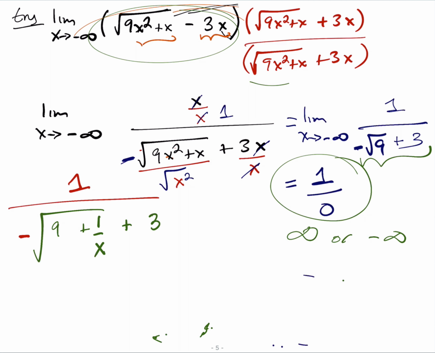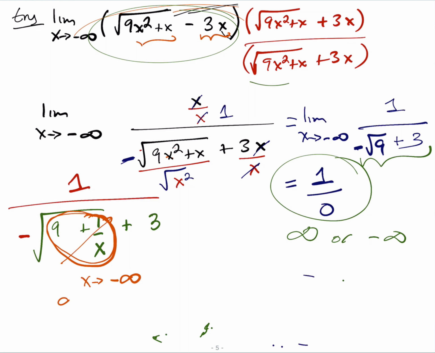Well, okay, so then you go, okay, so x is going to minus infinity, right? Okay, so that means that this right here, 1 over x, is approaching 0, yes? Okay, that means this inside stuff right here, that is approaching what number?